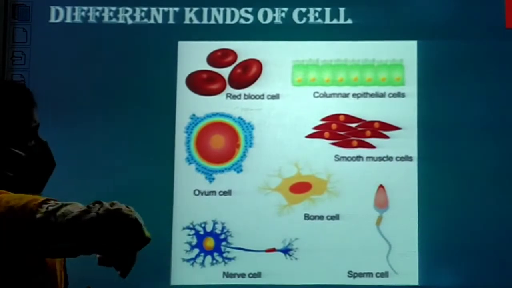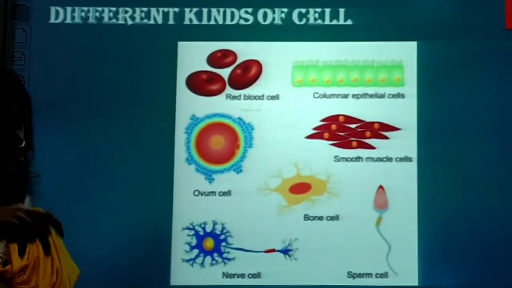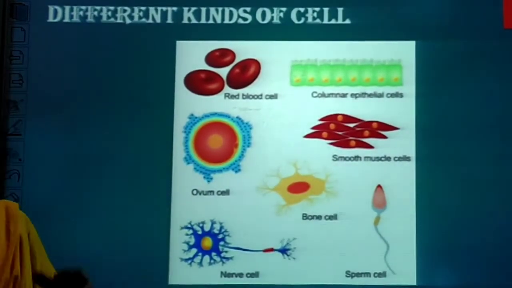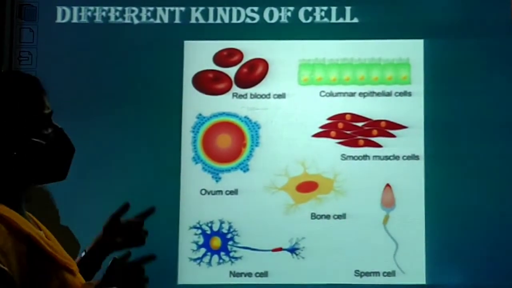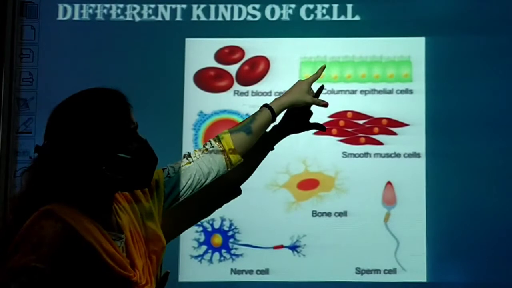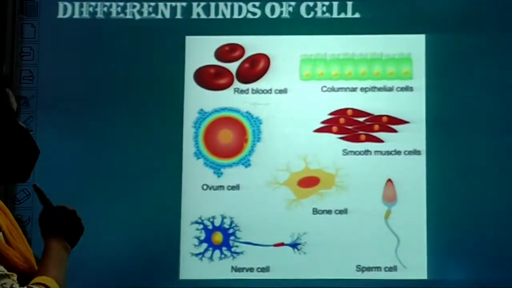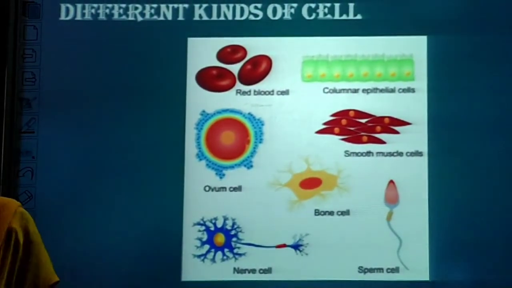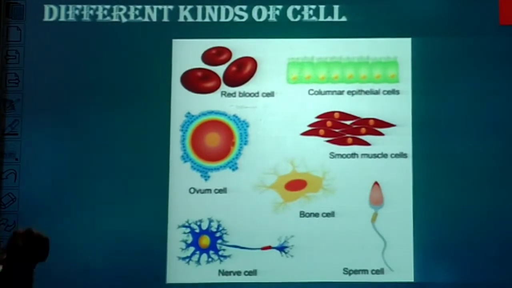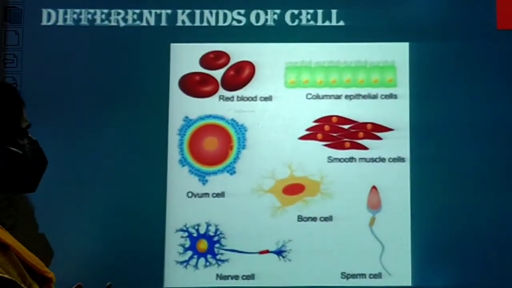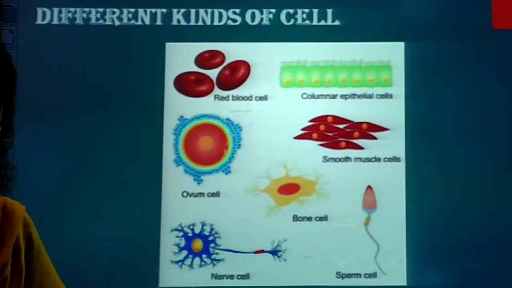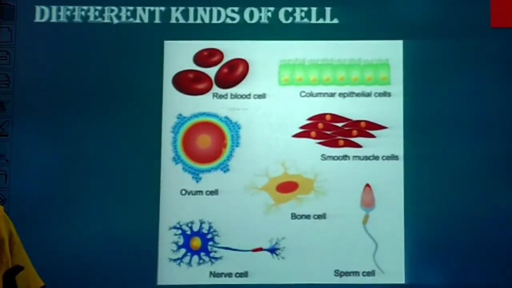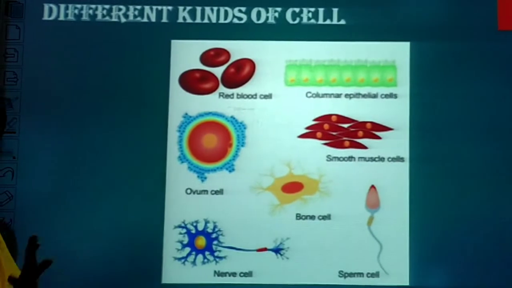The columnar epithelial cells are present inside the visceral organs like the small intestine, esophagus, stomach, and so on. Here you can see the minute finger-like projections, the cilia. These supporting columnar epithelial cells are present inside those visceral organs to facilitate digestion or movement of food.